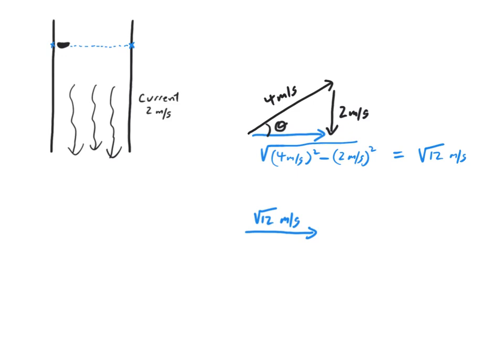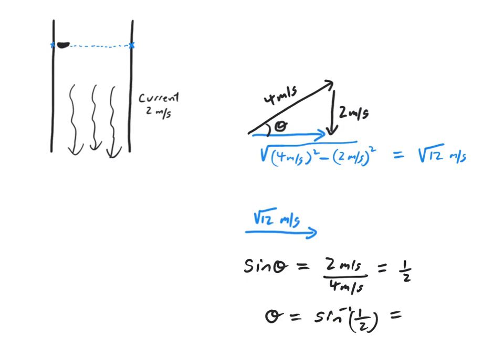Namely, we notice that the sine of that angle is equal to 2 meters per second over the hypotenuse, 4 meters per second. I'm just using opposite over hypotenuse for the sine, and that's equal to 1/2. So therefore the angle is equal to the inverse sine of 1/2, which turns out to be 30 degrees.